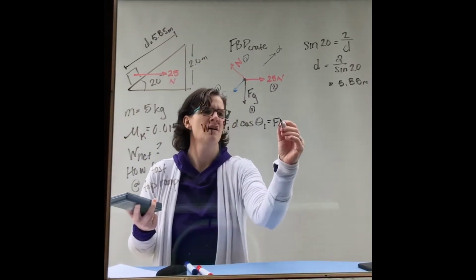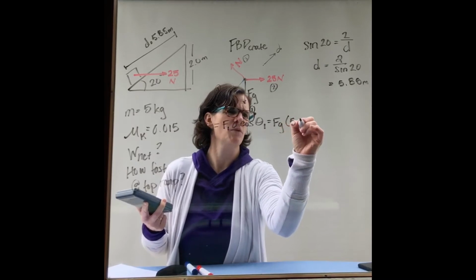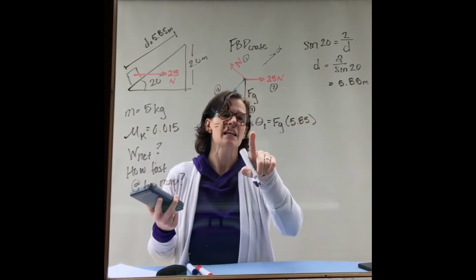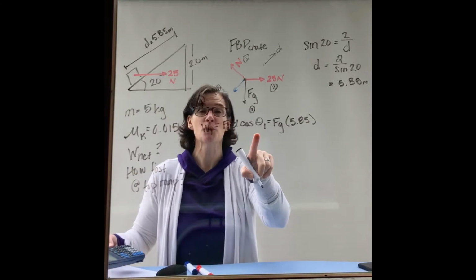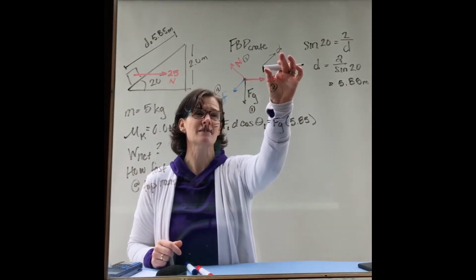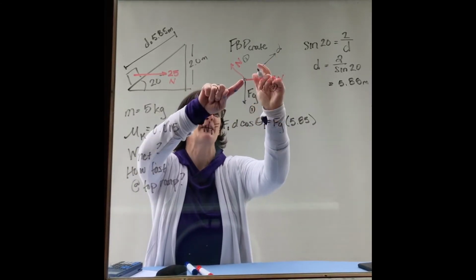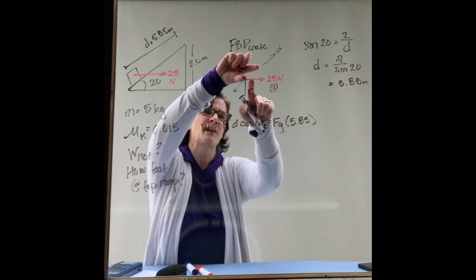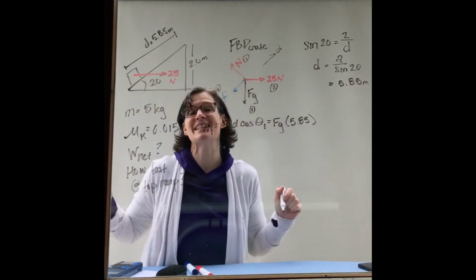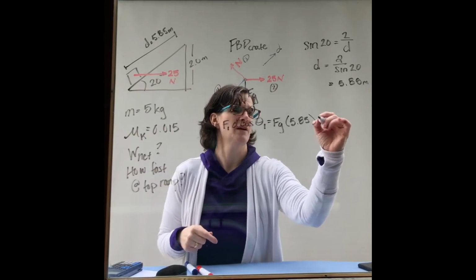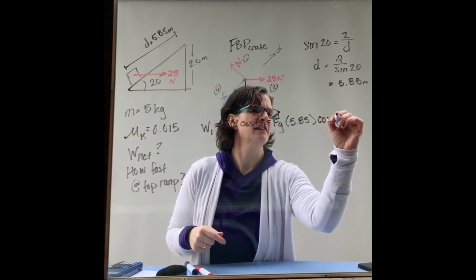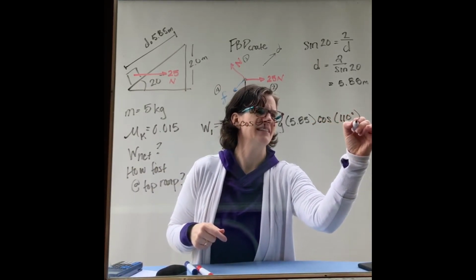All right, so our displacement of 5.85 times the cosine of the angle between the two. So the angle between our displacement and the force of gravity. So if this is our displacement, we have 90 degrees plus the additional 20 of the slope. So that's going to be a cosine of 110 degrees.